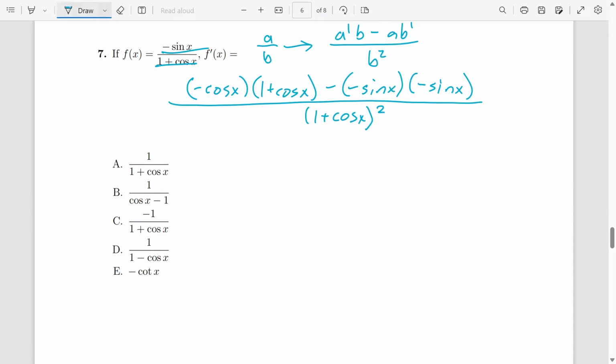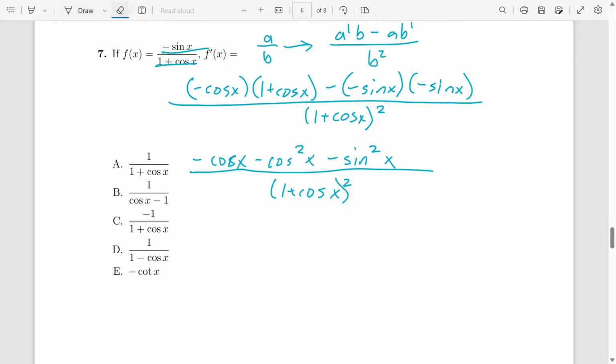So the top becomes negative cosine x minus cosine squared x, and then minus sine squared x. So that's our new top, over 1 plus cosine x all squared.